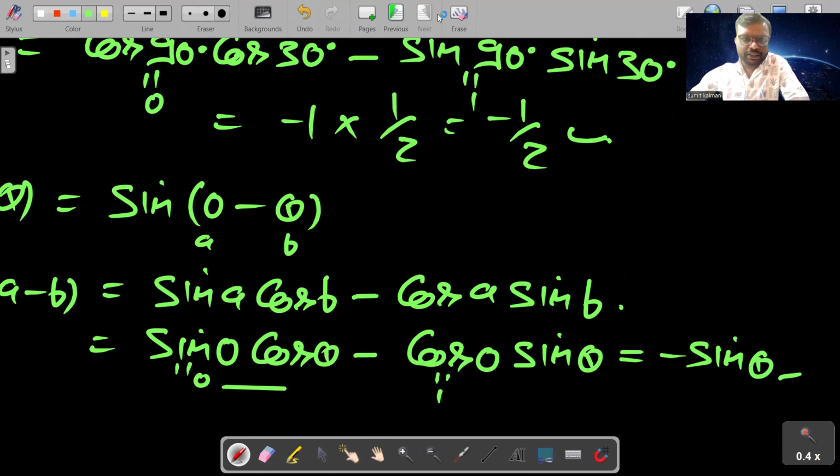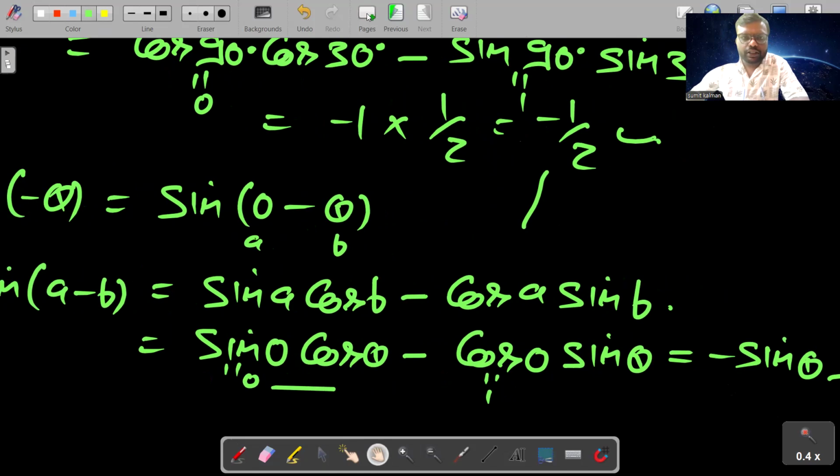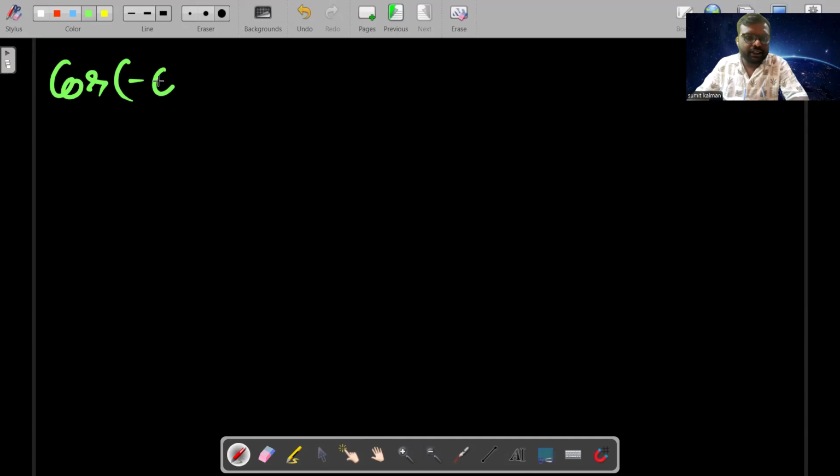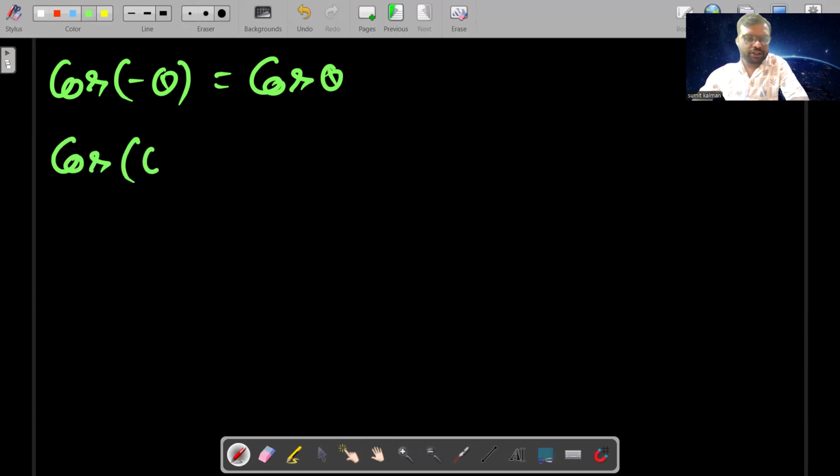Now students, next we will calculate cos of minus theta, and it is equal to cos theta. But students, we'll prove this with cos of 0 minus theta.